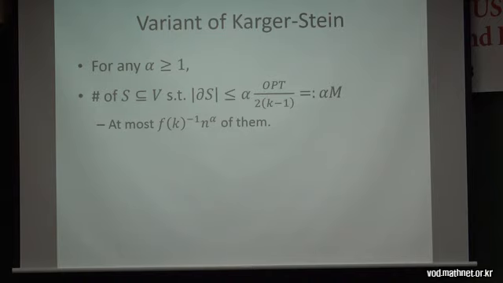Then the same kind of proof strategy shows that if you ask how many sets have boundary at most alpha times m, the same proof shows there are at most some function of k times n to the alpha of them. So if k is 2, then the number of beta-near min cuts is at most n to the 2 times beta. Okay, so we're going to use this fact later.